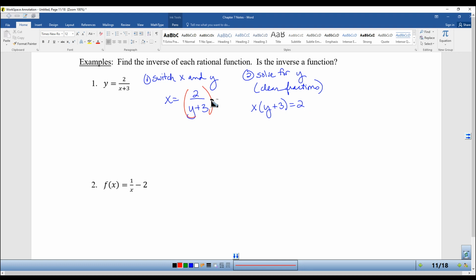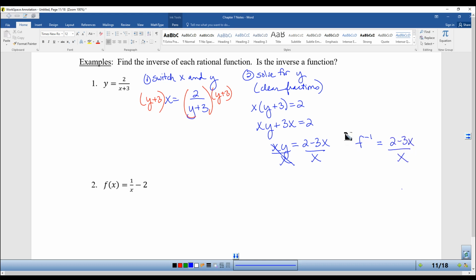So I've cleared the fractions by multiplying both sides by y plus 3. That gives me xy plus 3x is equal to 2. xy is equal to 2 minus 3x. And then I divide both sides by x. So I'm going to not use the term y anymore because I want to show that I have found the inverse. So 2 minus 3x over x.